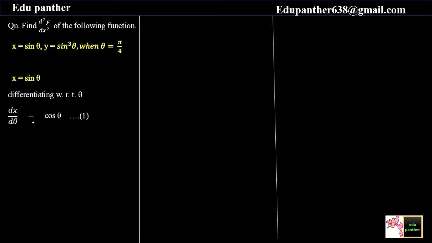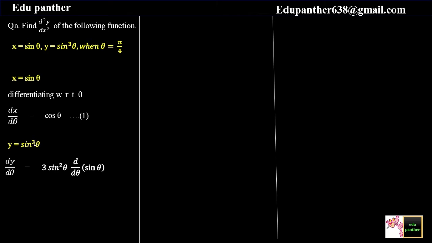So we have found dx by d theta. Now we'll calculate dy by d theta. So our y is sine cube theta, again differentiated with respect to theta. So that will give dy by d theta is equals to, now how to take derivative of sine cube theta? Here we have to use composite rule of differentiation. So first take derivative of this 3 and then multiply it with derivative of sine theta.